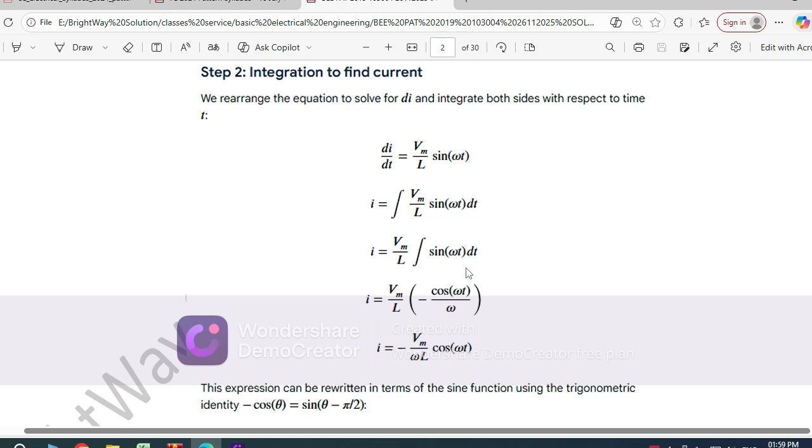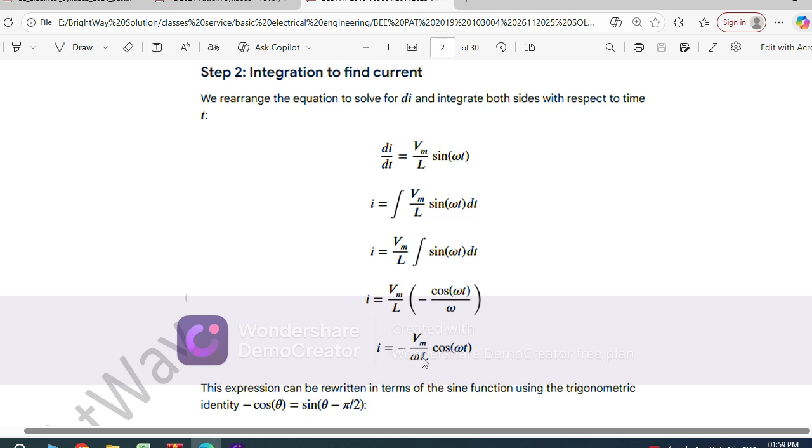The varying term is omega t, so we integrate sin omega t dt. The integration of sin omega t is minus cos omega t, divided by the derivative of omega t, which is omega. So i is equal to minus Vm upon omega L cos omega t. This is the actual form of the equation for current.